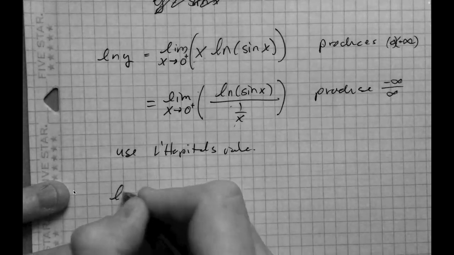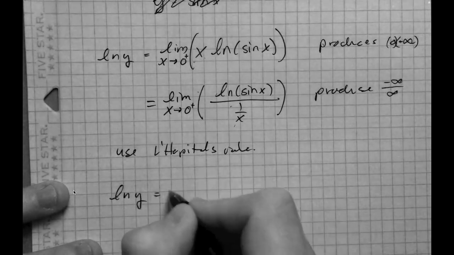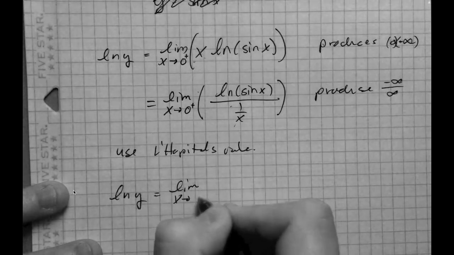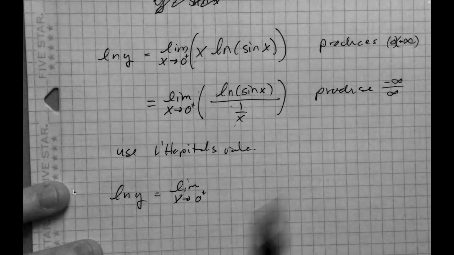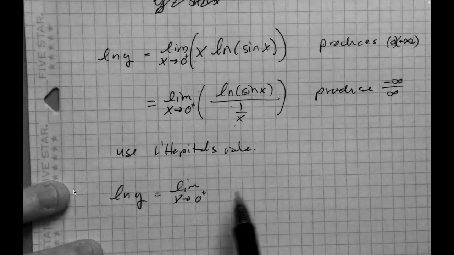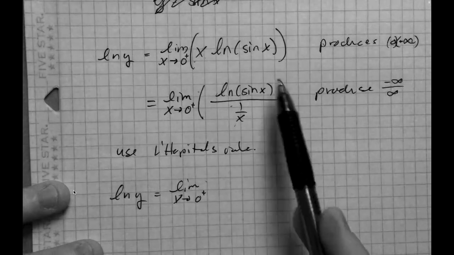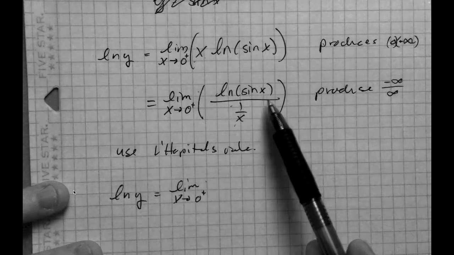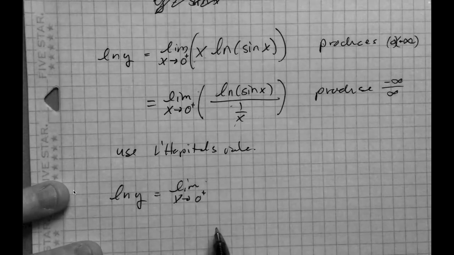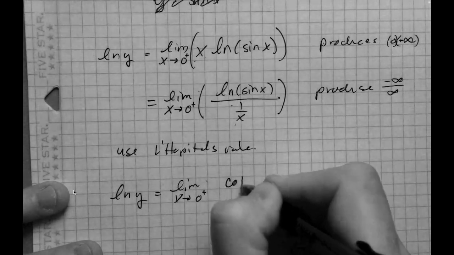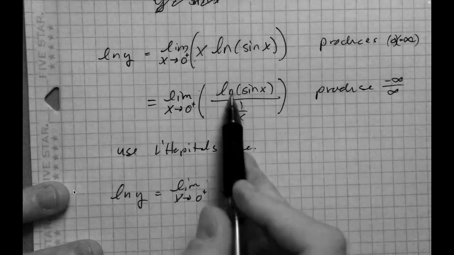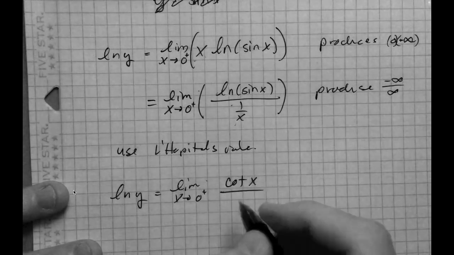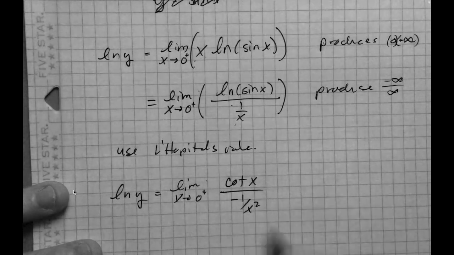So that means the natural log of y is equal to the limit as x approaches 0 from the right of the derivative of these two. The derivative of the natural log of sine is 1 over sine times the derivative of sine, which is cosine over sine. So you're going to get a cotangent here in the top. And the derivative of 1 over x is negative 1 over x squared.